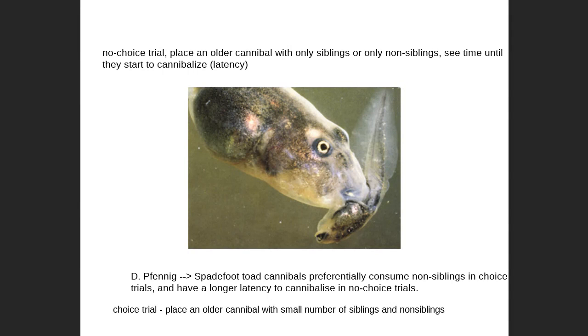And so in spadefoot toads, they wait longer before eating relatives. They'll start eating non-relatives sooner. And if you give them a choice, they eat more of the non-relatives. So they definitely seem to be acting to increase the genes they share with others by not eating them.